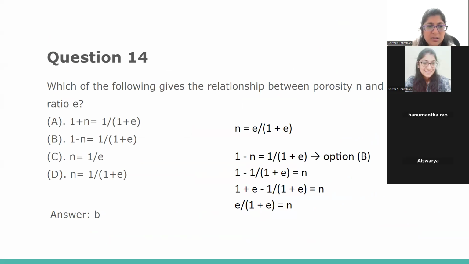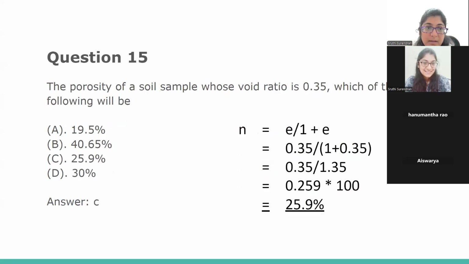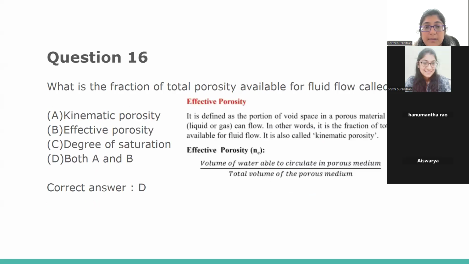Although I don't think so, if you're able to learn, it is good. You just understand this relationship. If you understand this relationship, you will be able to derive the E and N relationship also. Then yes, questions like this based on the relationship N equal to E by 1 plus E.